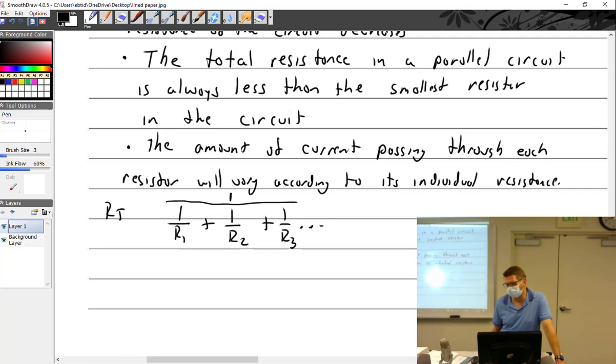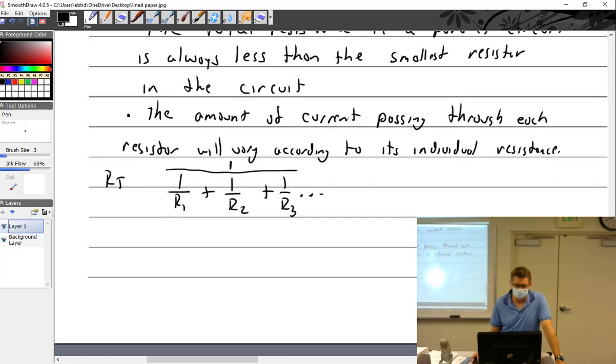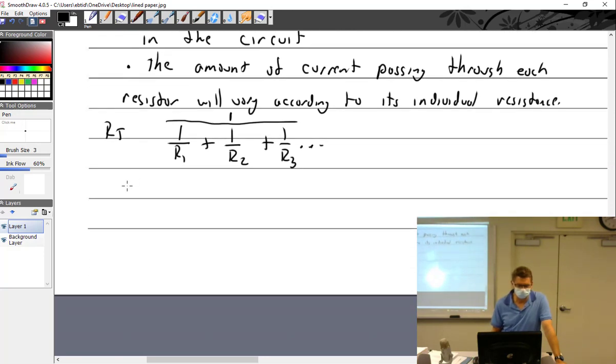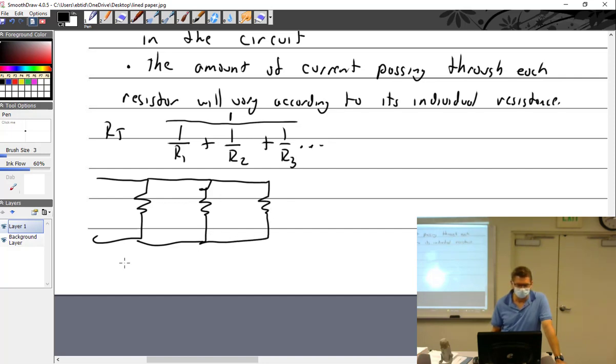Now that sounds a little complicated, but when you actually break it down to what you're doing, it's quite simple. So for example, let's make a couple of resistors here. We'll do 3 of them. And we'll say this is 10 ohms, 20 ohms, and 30 ohms.